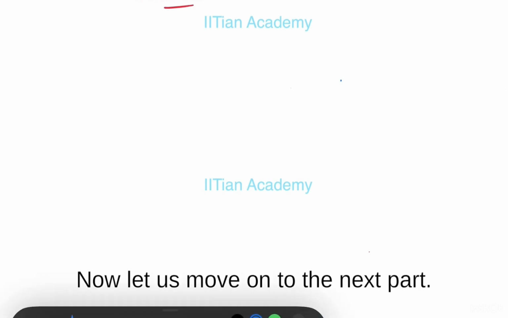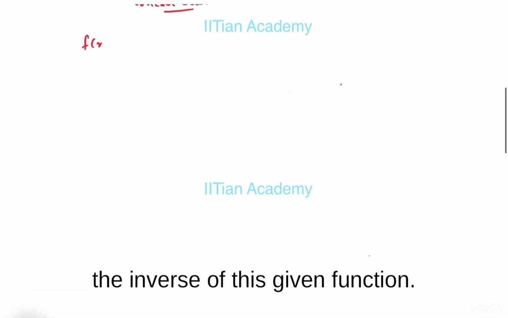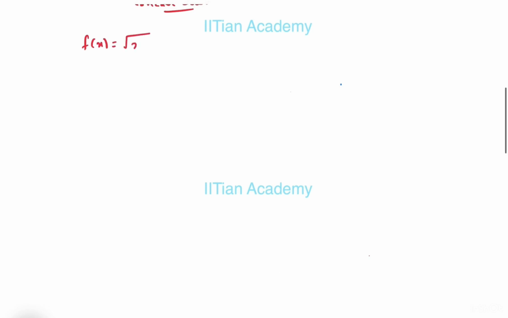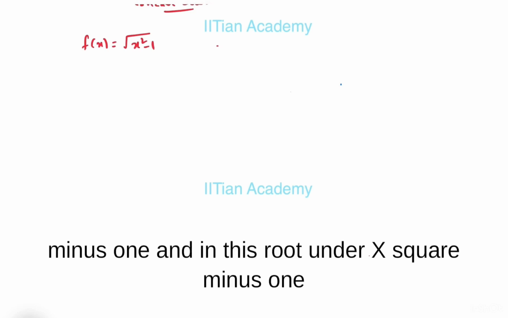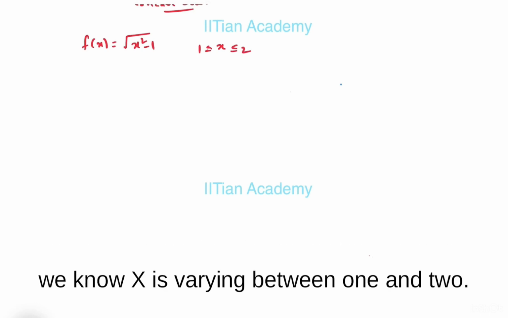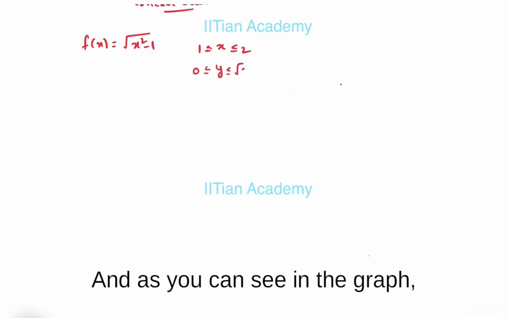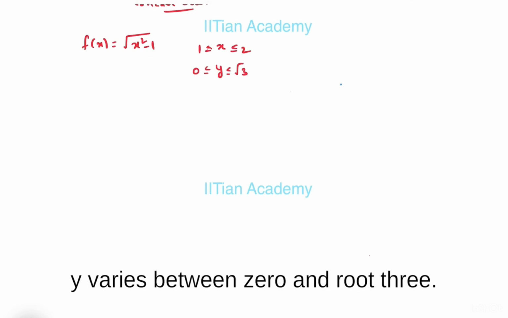Now let us move on to the next part. In the next part, we have to identify the inverse of this given function. Now f(x) is given to us as root under x² − 1, and here we know x is varying between 1 and 2, and as you can see in the graph, y varies between 0 and root 3.